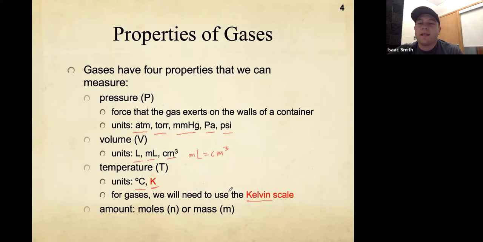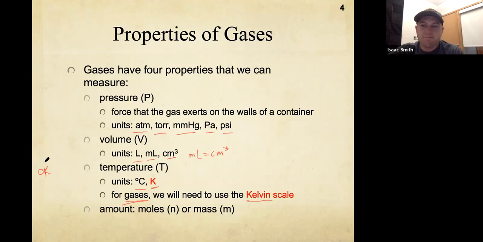And if you throw negative numbers into the gas equations that we're going to go over, it messes up your answer. So you can't use Celsius. You need to use Kelvin. So 0 Kelvin, this is kind of interesting, but 0 Kelvin is the coldest you can ever get, right?